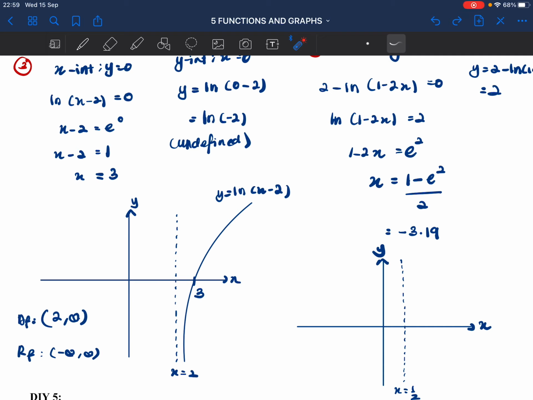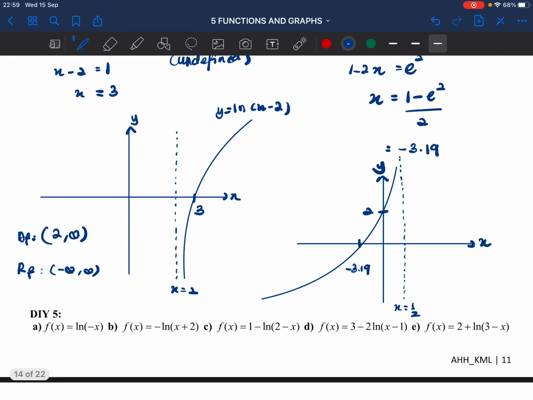Okay, so delete, and then we have to go like this sebenarnya. Okay, so ini baru betul lah. Ini asymptote kita panjang lagi sebenarnya. So here y-intercept is 2, x-intercept negative 3.19. Barulah ngam. Okay, so label our graph, y is equals to 2 minus ln(1 minus 2x).